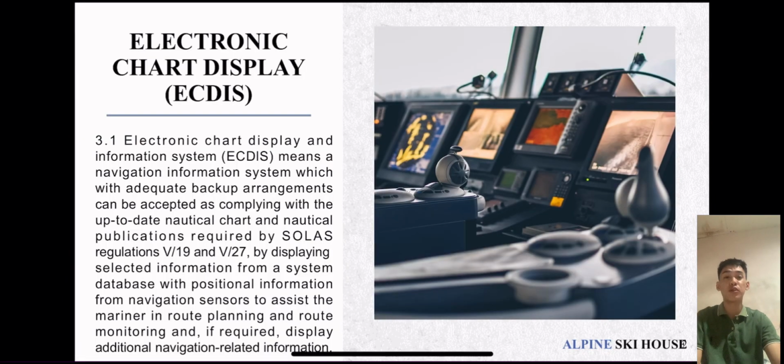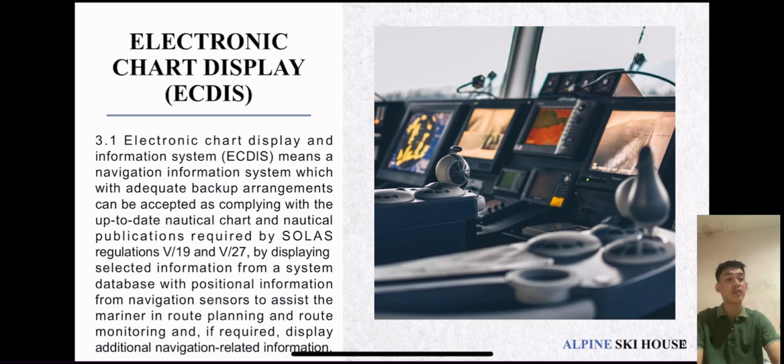So, for Chapter 1, Electronic Chart Display and Information System, or ECDIS, means a navigation information system which, with adequate backup arrangements, can be accepted as complying with the up-to-date nautical chart and nautical publications required by SOLAS Regulations 5 and Chapter 19 and Regulation 5, Chapter 27, by displaying selected information from a system database with positional information from navigation sensors to assist the mariner in route planning and route monitoring, and if required, display additional navigation related information.